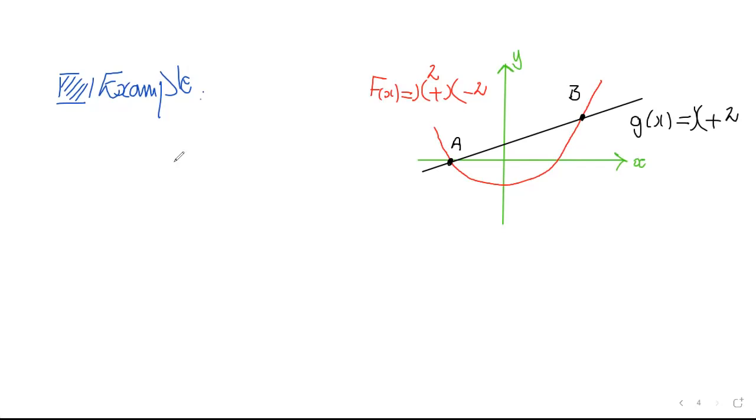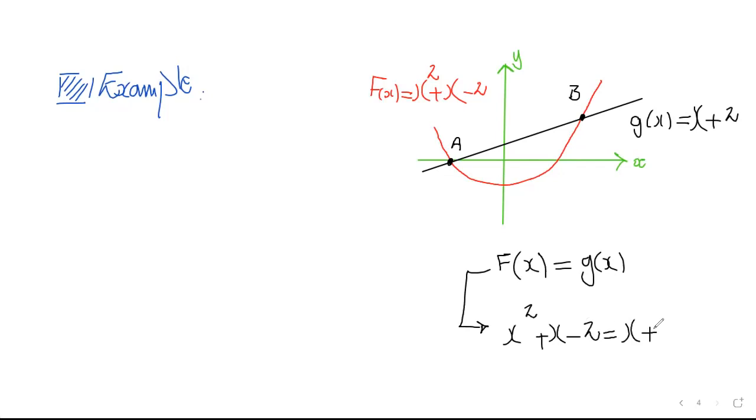It's so easy to find the point of intersect. If you solve this equation, which we are not going to do because that's not the purpose of today's lesson, you know that if you just want to find the point of intersect between two functions, simply you solve f of x equals g of x, which means that x squared plus x minus 2 should equal x plus 2.